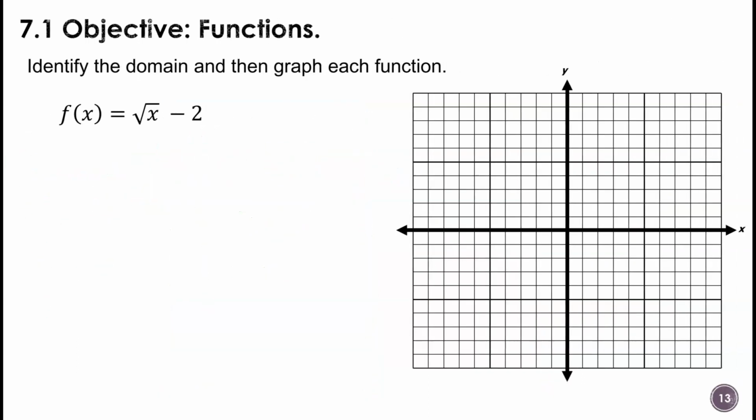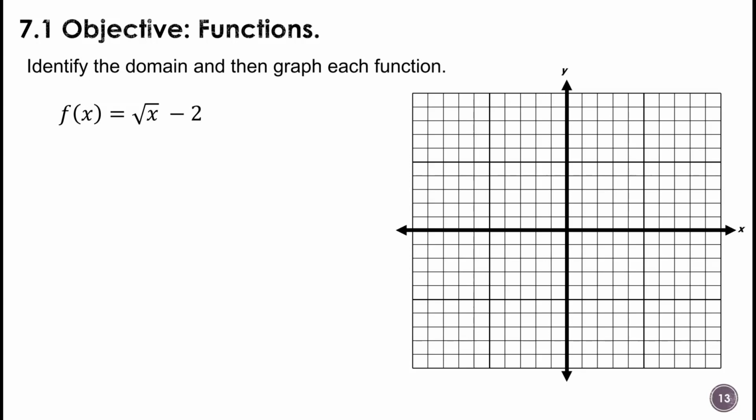Okay, and some more function work here. Notice it says to identify the domain and then graph each function. We can actually identify the domain based on what's under the radical. We can also graph it to figure that out, but let's just talk about the domain here.